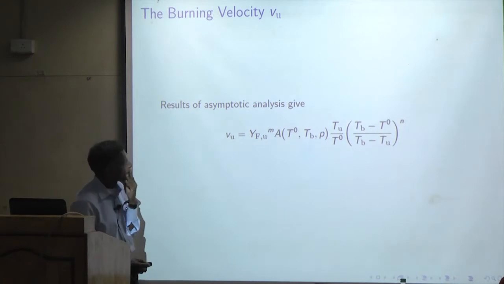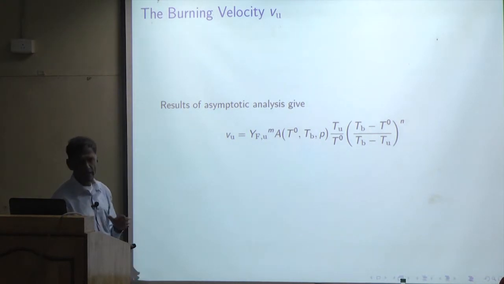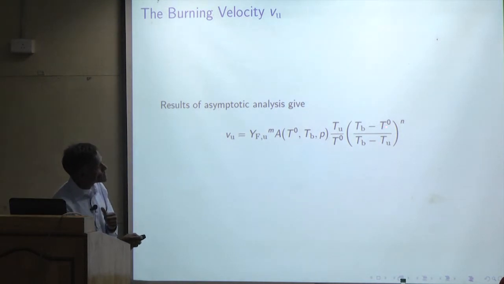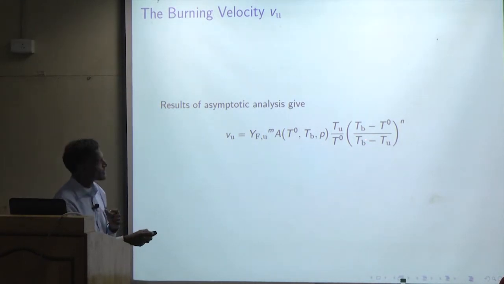It turns out that the crossover temperature is typically 1600 Kelvin, 1400 Kelvin or so for methane flames. So this ratio, Tb minus T0 over Tb minus Tu, is often a small quantity. The epsilon that appears in that equation is actually this grouping, Tb minus T0 versus Tb minus Tu.